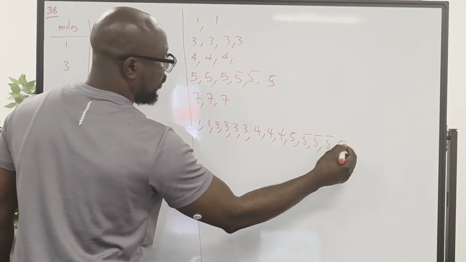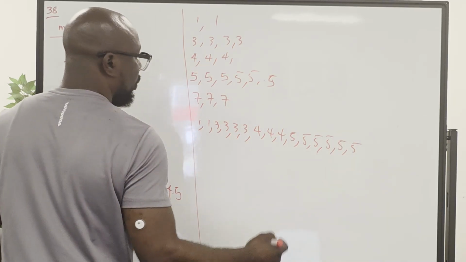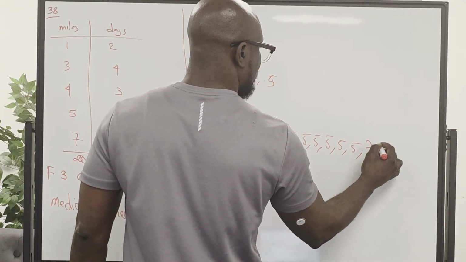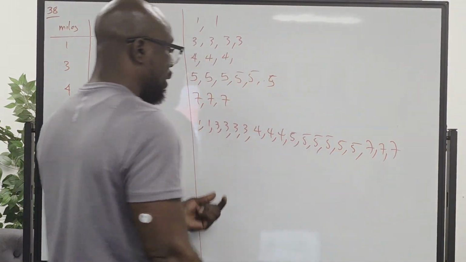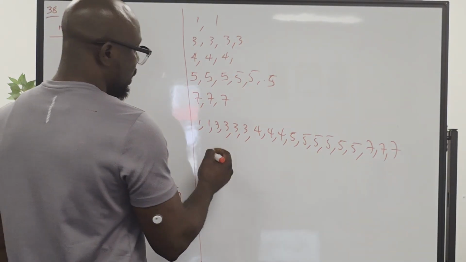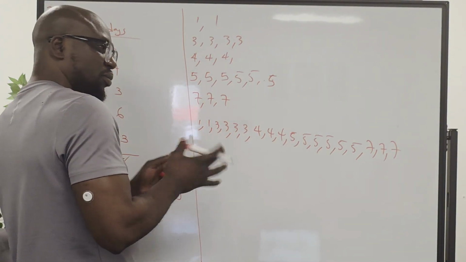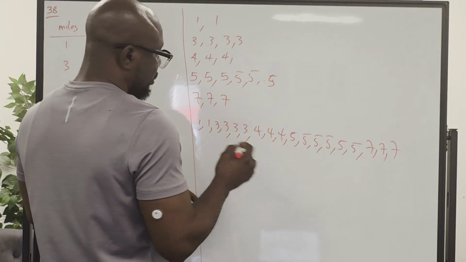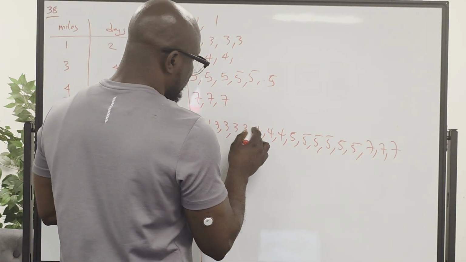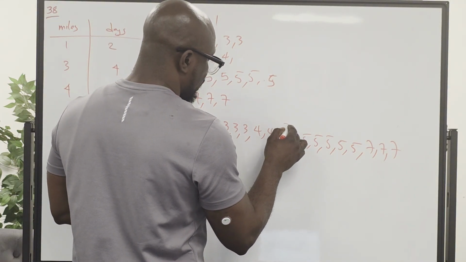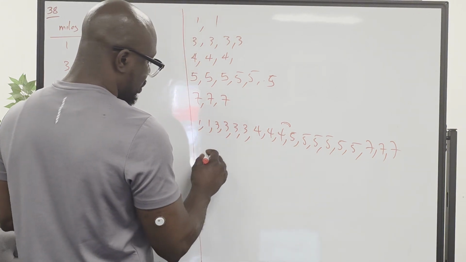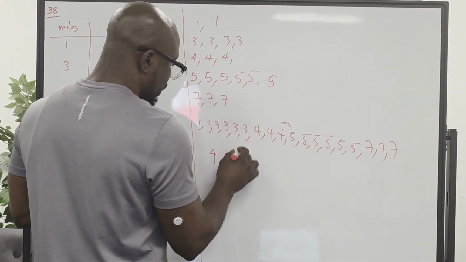You have 7, 7, 7. The median is going to be the middle. So this is 18 numbers, right? So you're going to look for the 9th and 10th. 1, 2, 3, 4, 5, 6, 7, 8, 9, and 10. So 4 and 5. So the median here is going to be 4 and 5.